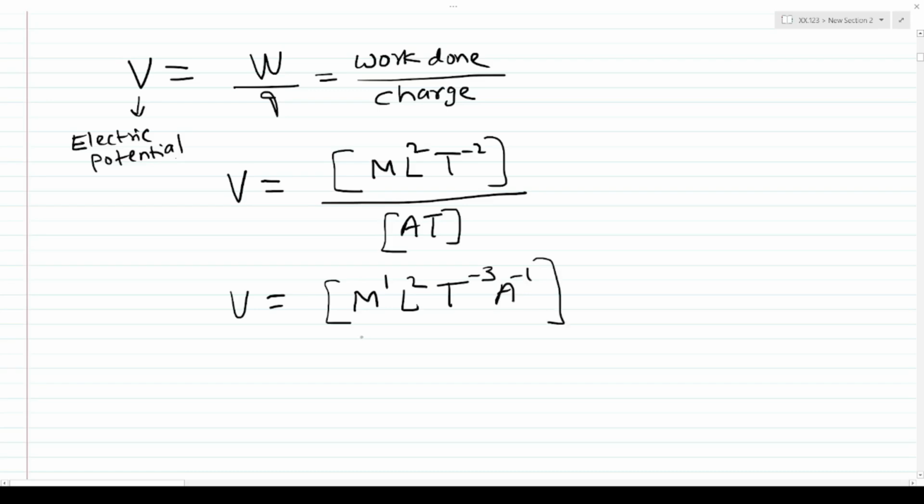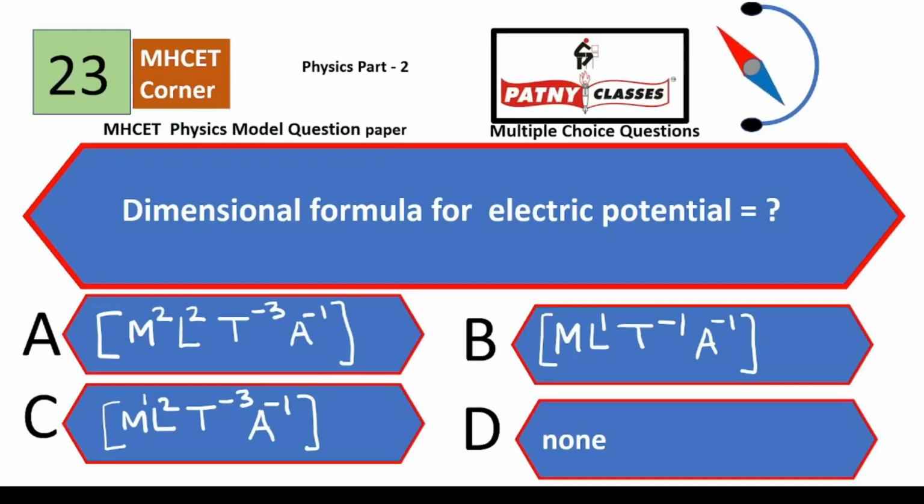This is the required dimensional formula for electric potential. Therefore, option C is the correct option. That is, the dimensional formula for electric potential is m raised to 1, L raised to 2, T raised to minus 3, A raised to minus 1. Therefore, we lock option C.